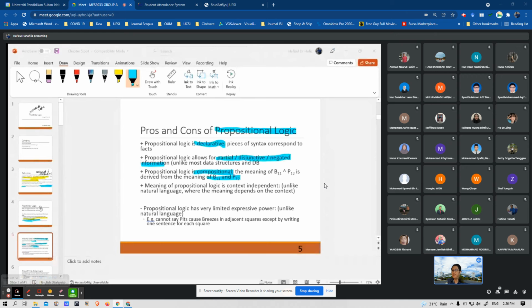And then the fourth one is that the meaning of propositional logic is context independent, unlike the natural languages that we defined in chapter 3, where the meaning depends on the context. The meaning depends on the context, on the objective that you want to achieve.